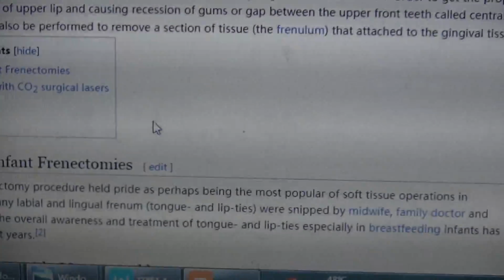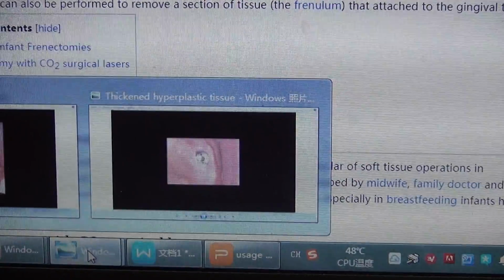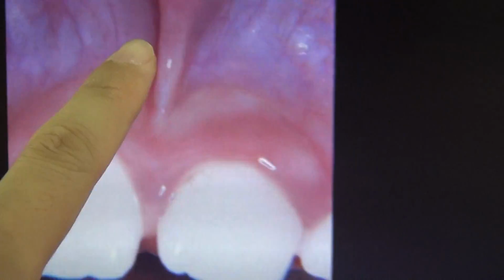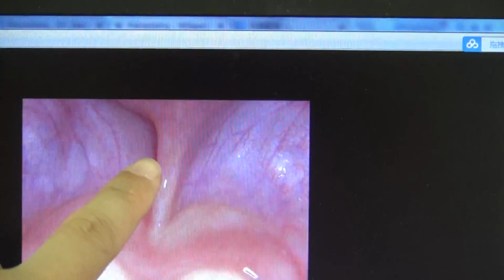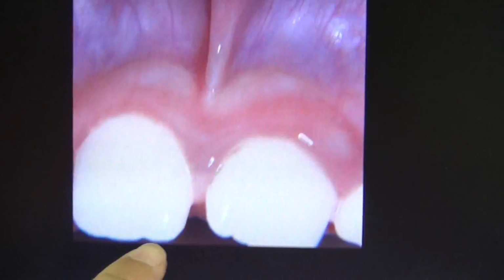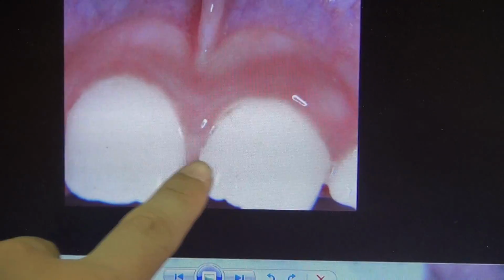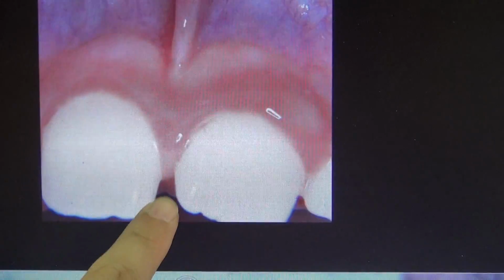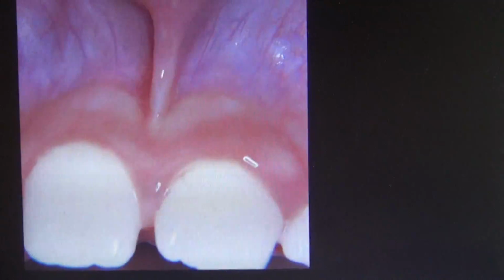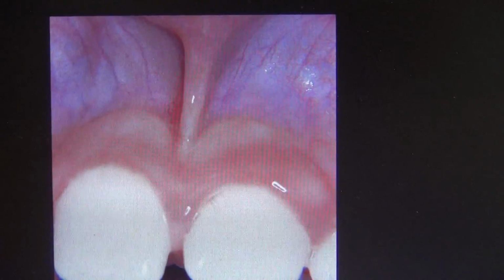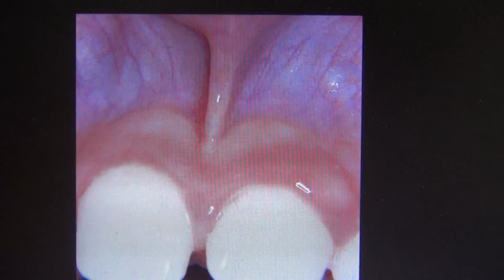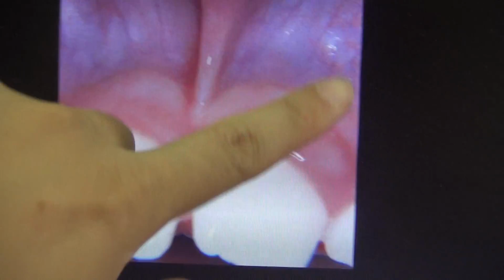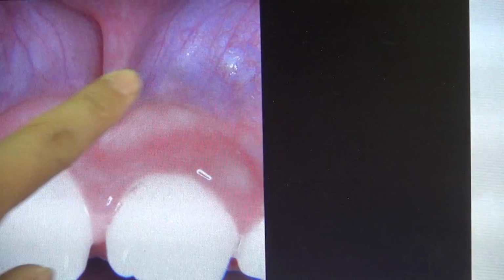We have to cut the frenulum when it is too big. The two teeth will have a gap in the middle, and sometimes the patients cannot speak very clearly. So in this kind of patient, we have to cut here.